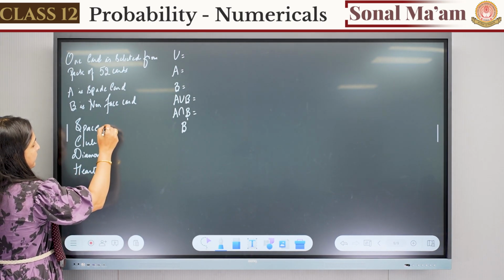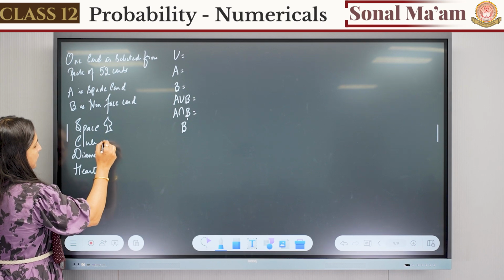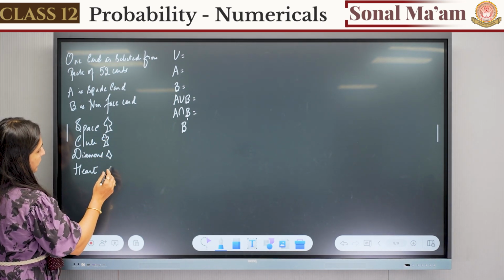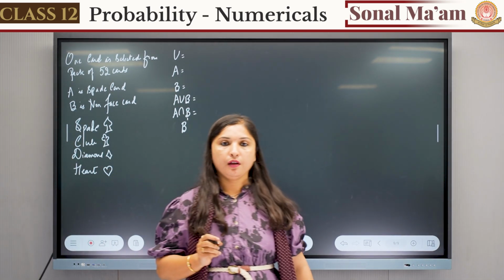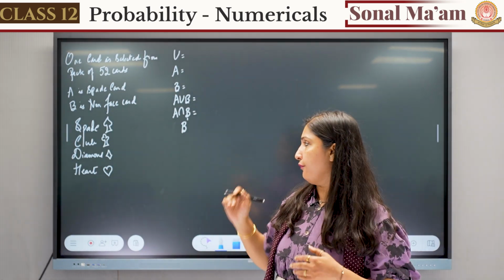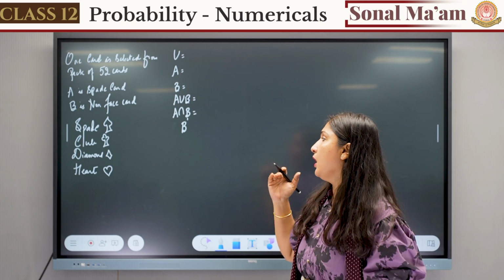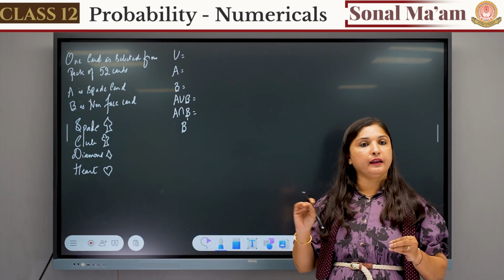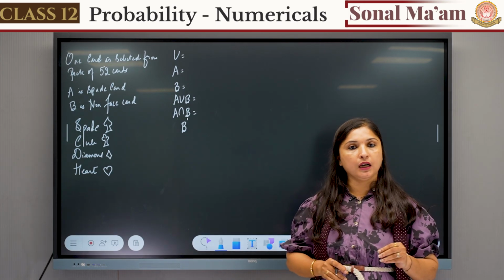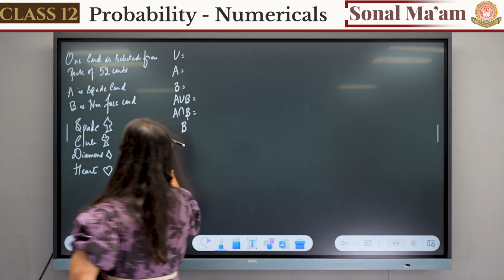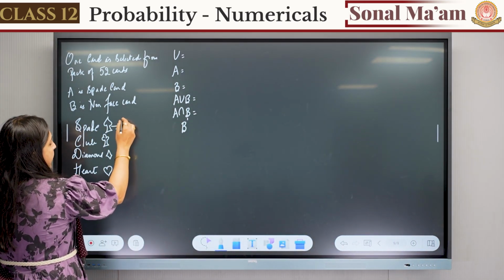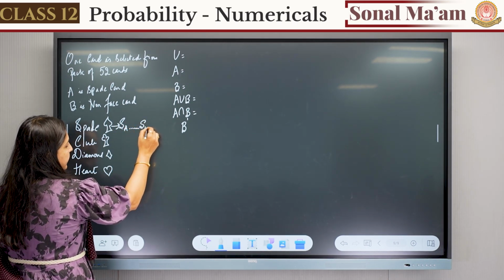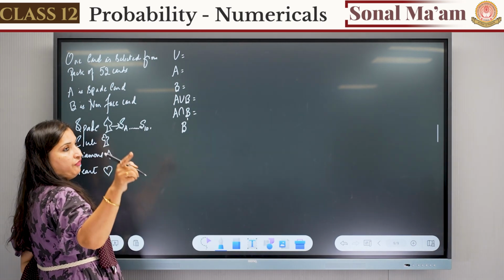Spade is something like this, club is something like this, diamond is something like this, and heart is something like this. Fine. So we have 4 suits. Each part, everyone has how many cards? 13 cards.